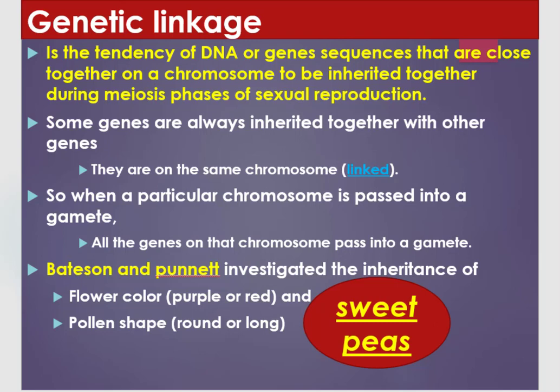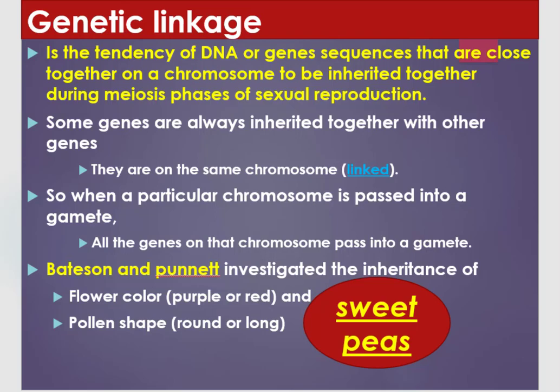In their experiment on sweet peas, in the case of flower color, there can be two contrasting features, purple flower color or red flower color. In the case of pollen shape, there can be two contrasting features, round pollen shape or long pollen shape.